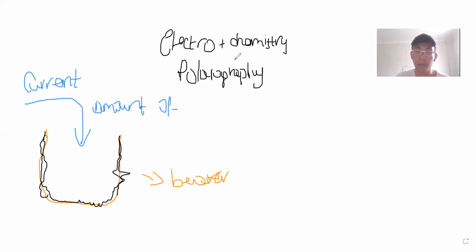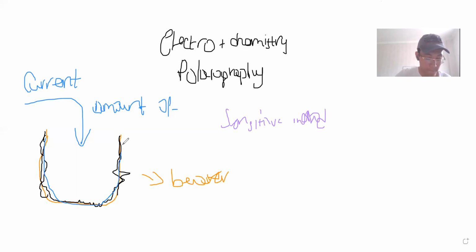The polarographic method measures the amount of current flowing through an electrical cell. And also I have to mention that this method is very, very sensitive. You have to be very, very careful when you start working with this method.